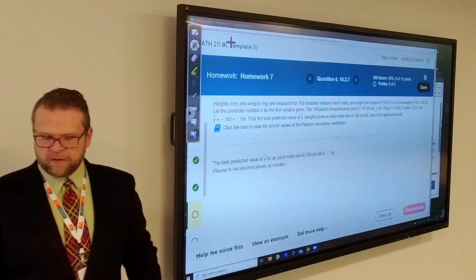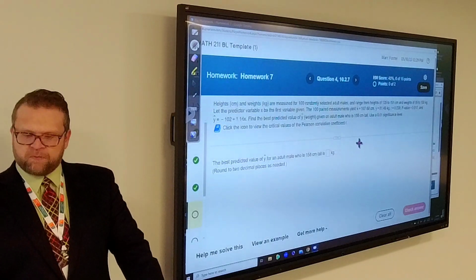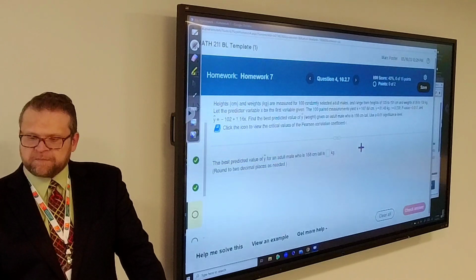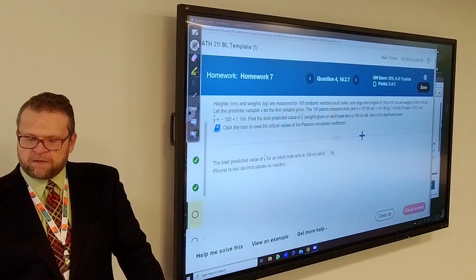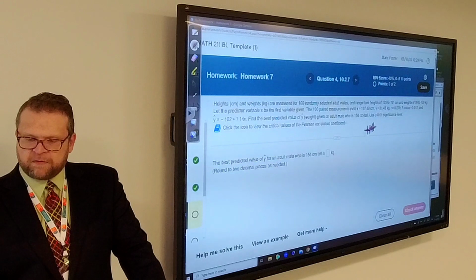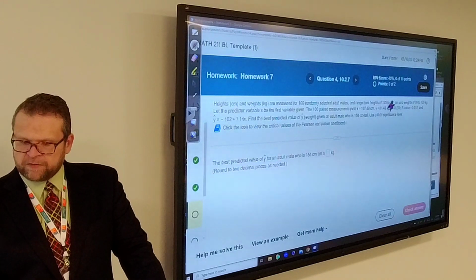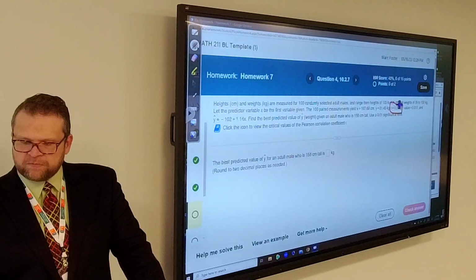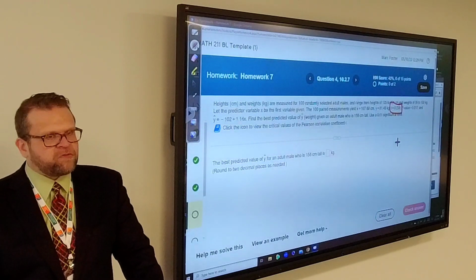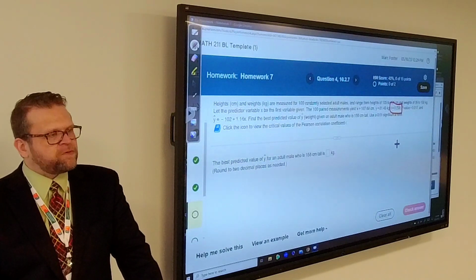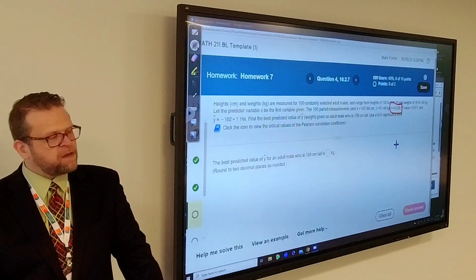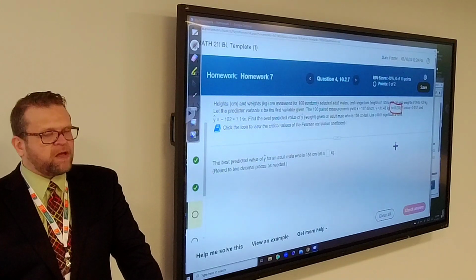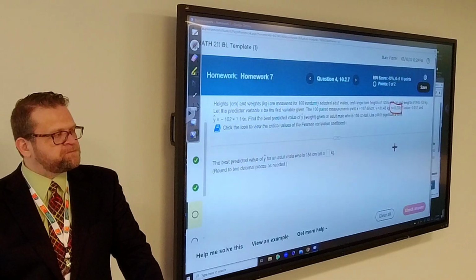You could be really, really skinny or something, but for the most part, it's going to increase. Now, this R value, that's not really that far away from 0. Right? It's a whole lot closer to 0 than it is to 1.